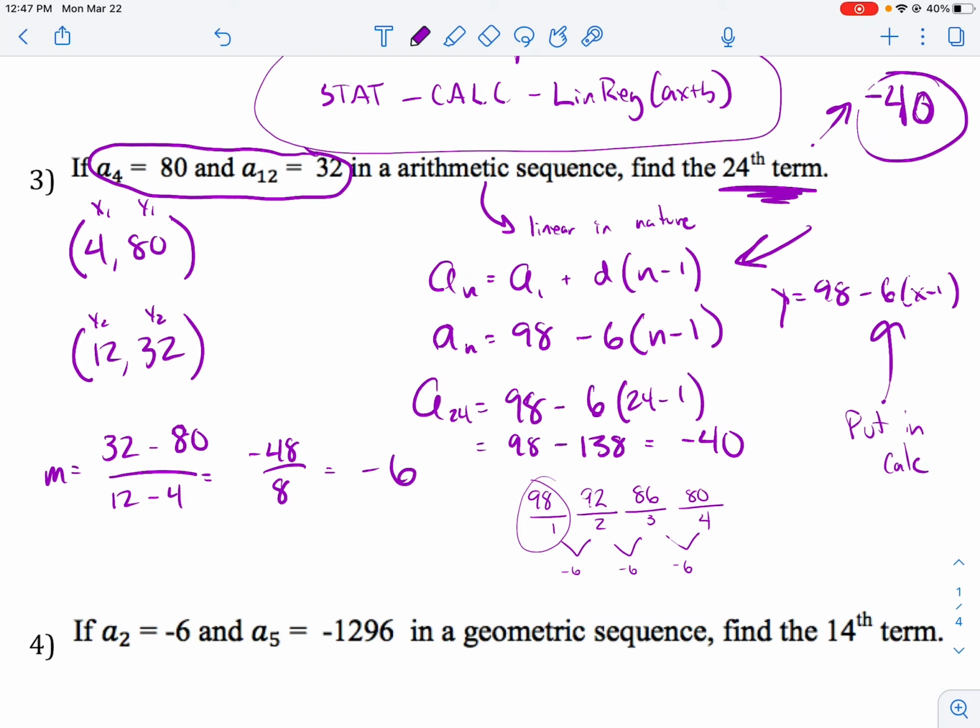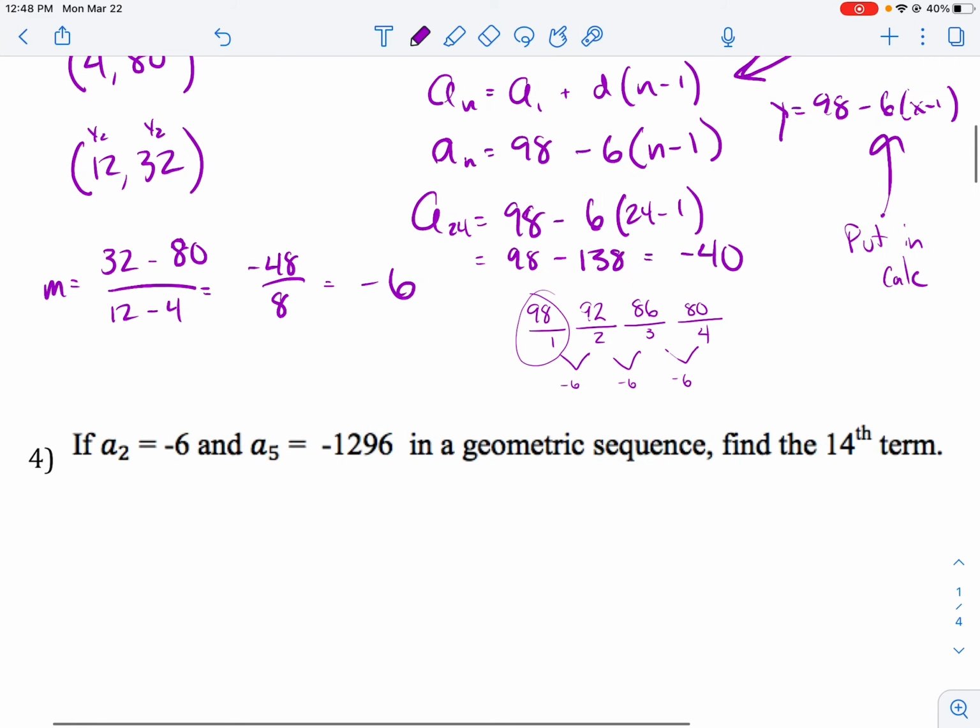Or you can do it the grunt way, like I did there, algebraically, using the slope formula and then finding the rest of our pieces. So up to you guys. Couple ways you can solve this: use your calculator, or you can do it algebraically. So make sure you're comfortable doing both, because you never know which way they're going to ask the questions here.